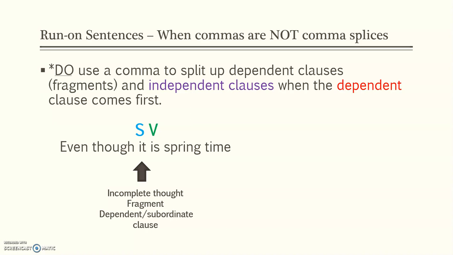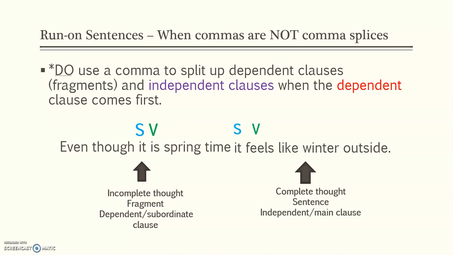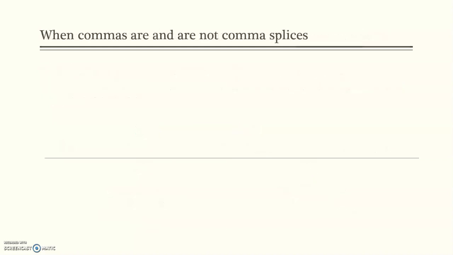Sometimes this is called a dependent or subordinate clause. When we join it with an independent clause, it feels like winter outside. It's now joined with a complete thought sentence, an independent clause. In this situation, we can use a comma to combine it.